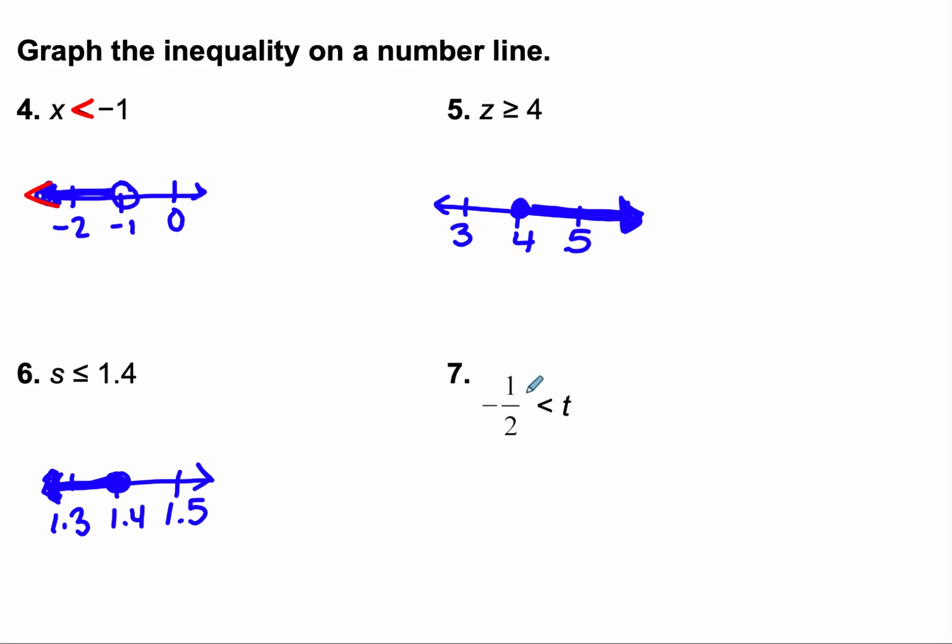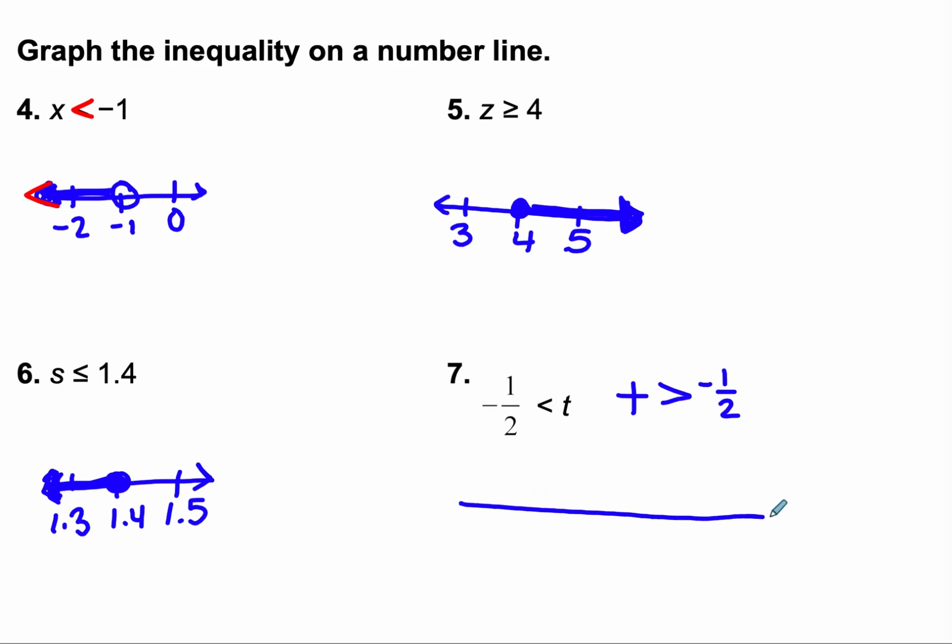All right, my last one here, I need to graph it. If it helps you graph, you can flip-flop it. t is greater than negative 1/2. Remember, our arrow pointing the way we're shading only works if the variable comes first. Alligator's eating the bigger number. t is the bigger number. So when you flip-flop, that sign has to go too.